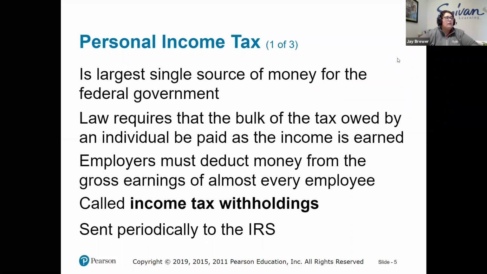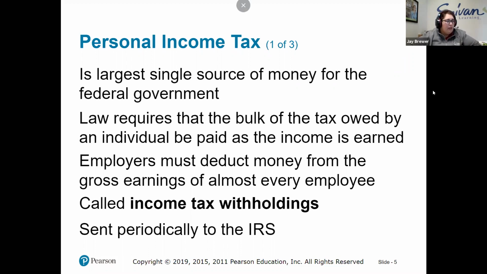Personal income tax is the largest single source of money for the federal government. Law requires that the bulk of the tax owed by an individual be paid as the income is earned. Again, this means that if you filled out a W-4 and your employer is actually taking out your taxes, then these statements are true.